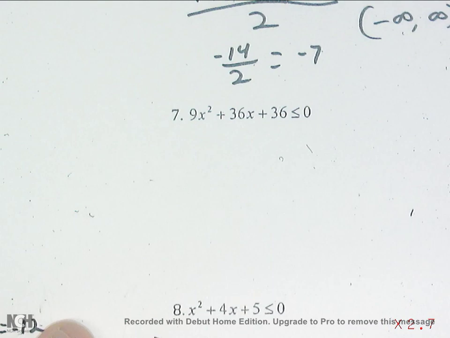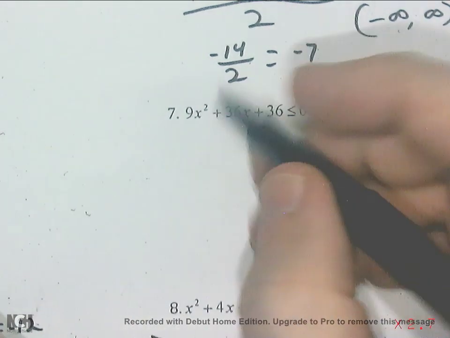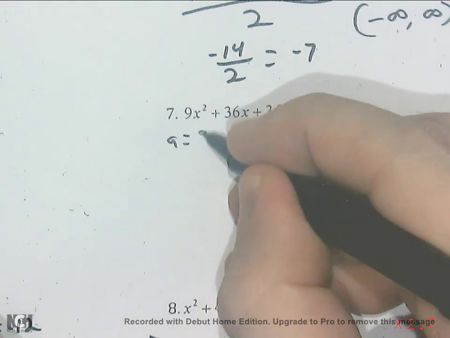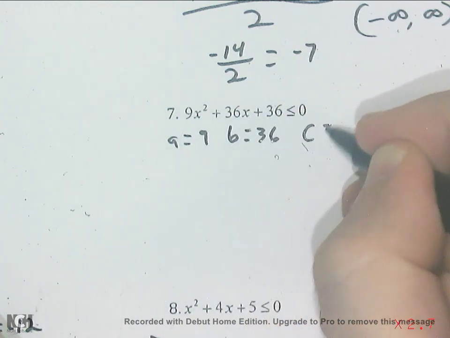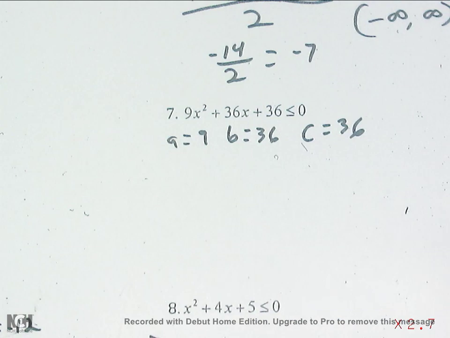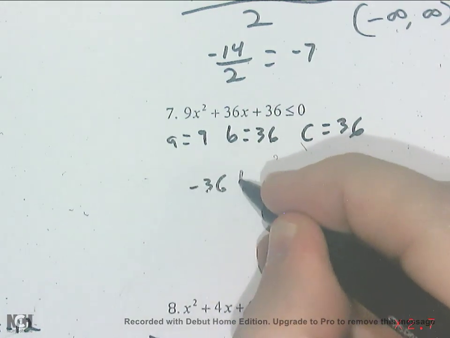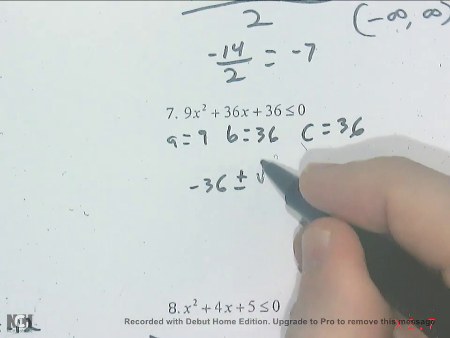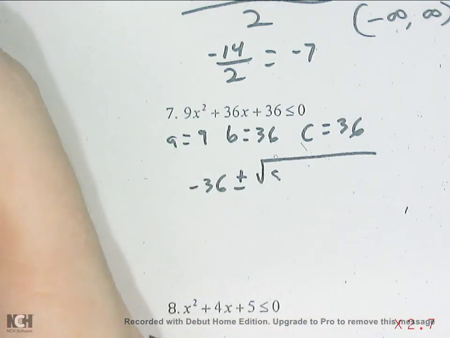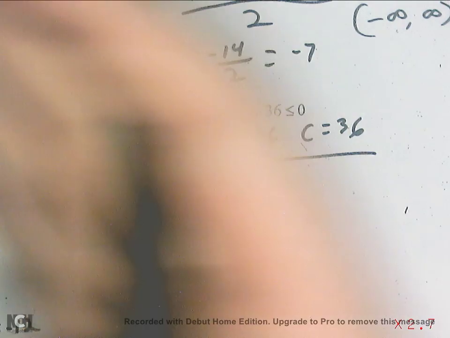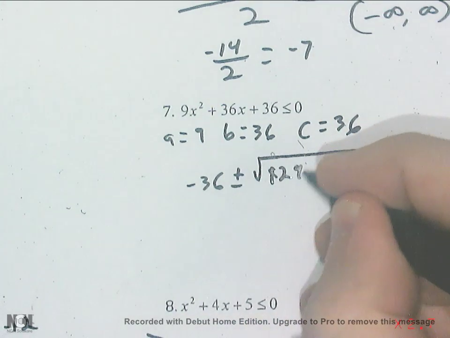Let's look at the next one. So this one also is a little tricky. So 9 would be A, and then B would be 36. C would be 36. When I plug this in, it would be negative 36 plus or minus square root of 36 squared, which is 1,296.